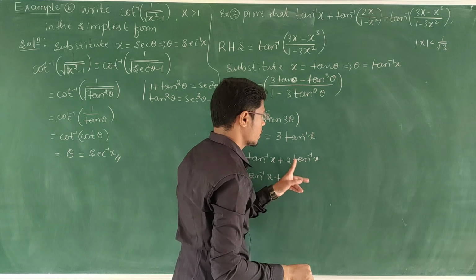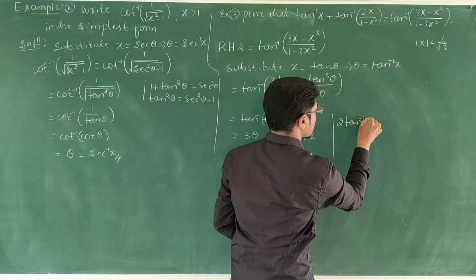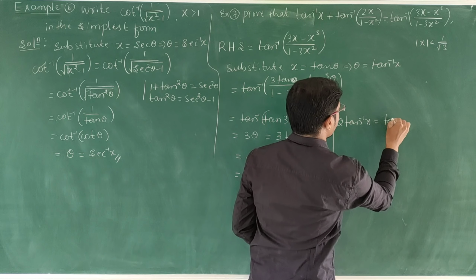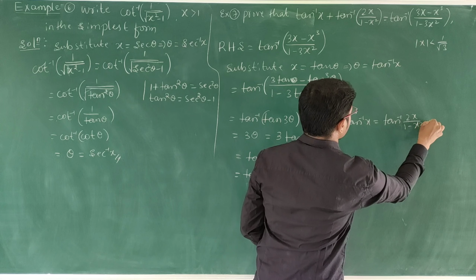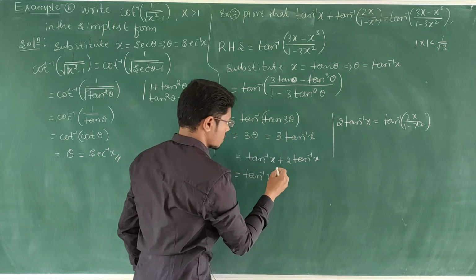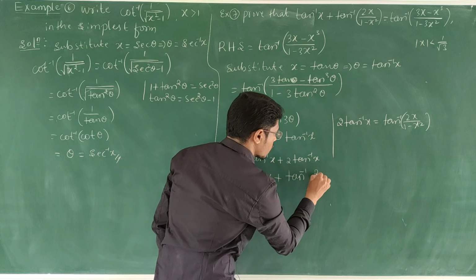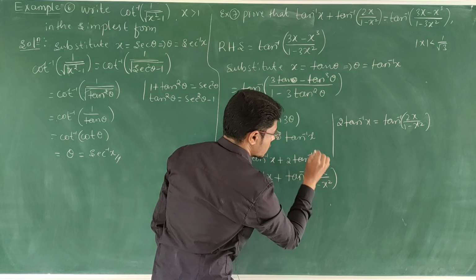We learned yesterday in the class that 2 tan inverse x in terms of tan is tan inverse of 2x divided by 1 minus x square. So I will write here tan inverse of 2x divided by 1 minus x square.